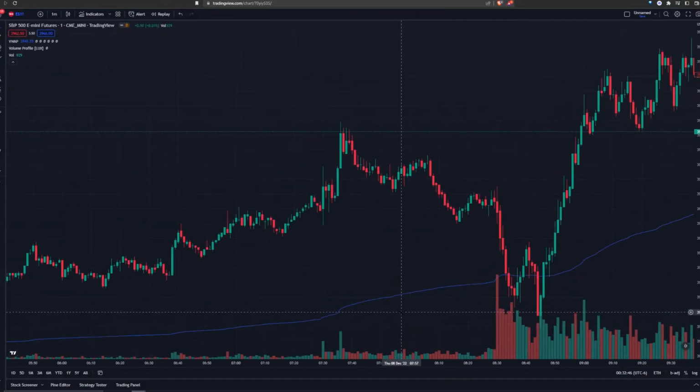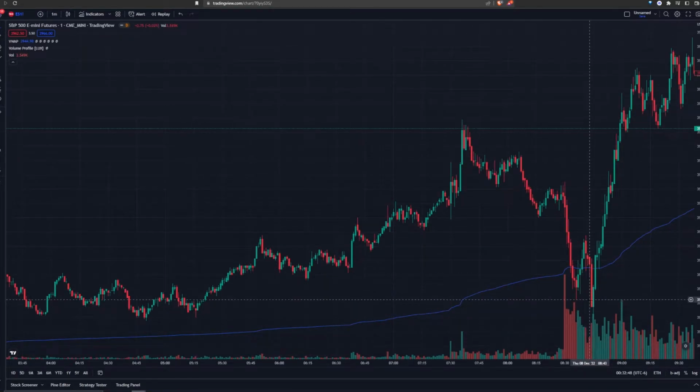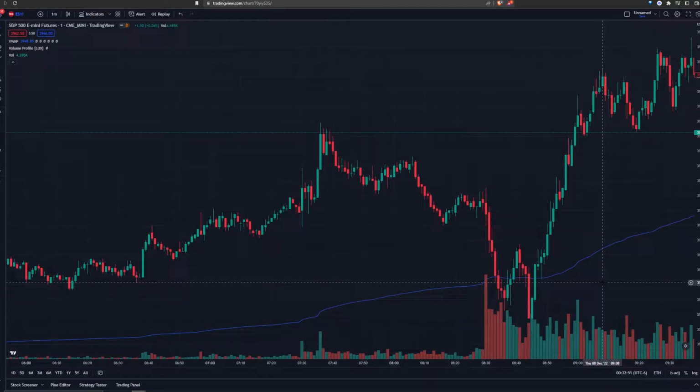This is amazing. Like this is another kink. If there's a stop run and there's no follow through, the next candle is not red, or the next few candles are not red, a continuation here, and this is a very key. All right, so it matched with my strategy as well.